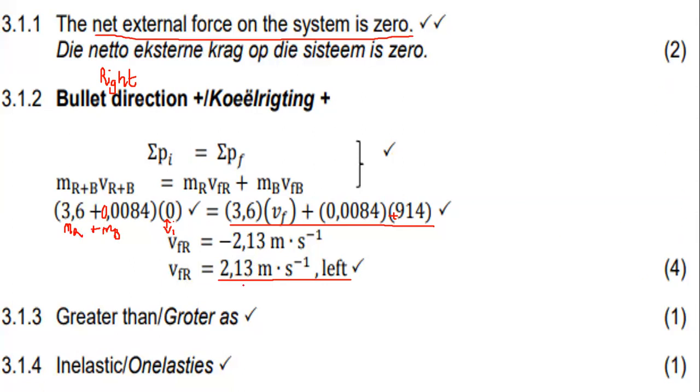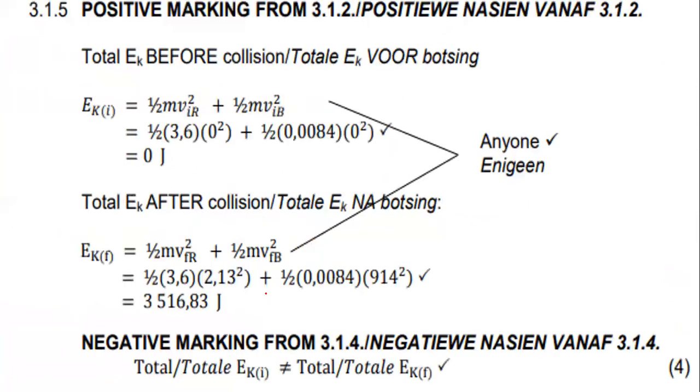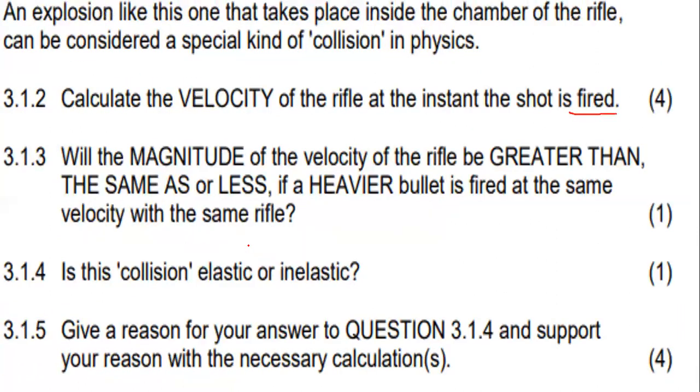Or if you just give us the magnitude, then you don't get a mark. Why don't you get a mark? Because we've been told that we need to calculate the velocity. And when we get the velocity, because it's a vector, then we will give both magnitude and direction.